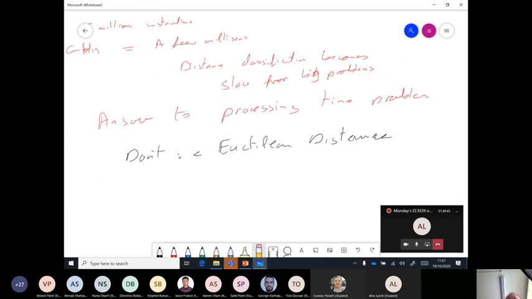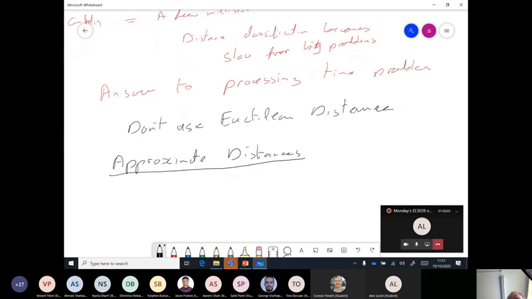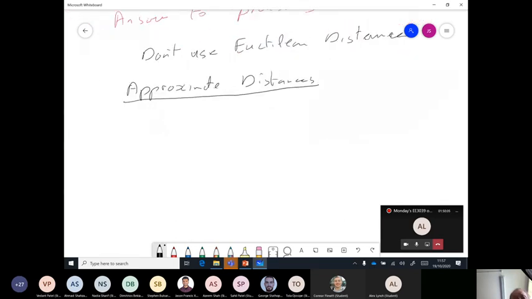So the next topic I want to look at is approximate distances. The first approximate distance I want to look at is called the city block distance.